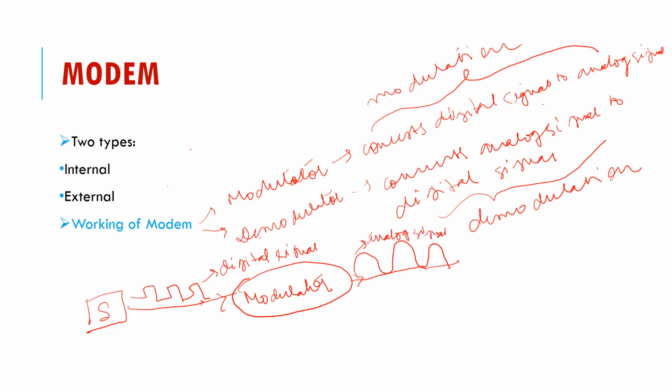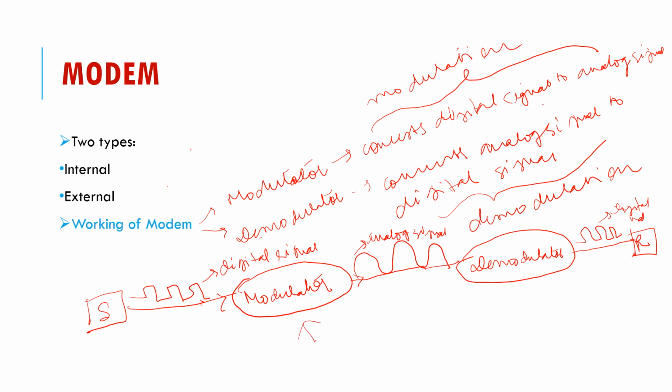Now this analog signal is received by your demodulator, and it will again convert this analog signal into digital signal, and this digital signal will be received by your receiver. So at the receiver end, the digital signal is received, and the conversion of digital to analog and analog to digital is done by these two, modulator and demodulator. So this is how your modem works.